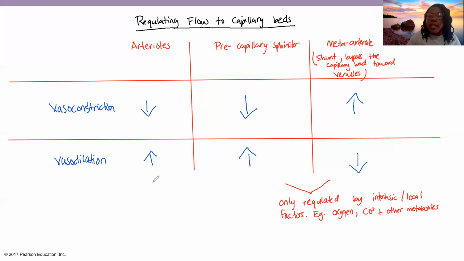Arterioles, on the other hand, are regulated by both intrinsic and extrinsic mechanisms. And we talked about those at length during our actual review, but we want to understand here that both intrinsic as well as extrinsic, things like hormones, things like the sympathetic nervous system, things like angiotensin, aldosterone, and ADH, or vasopressin, are going to also regulate the state of arterioles and, by extension, the regulation to capillary beds.